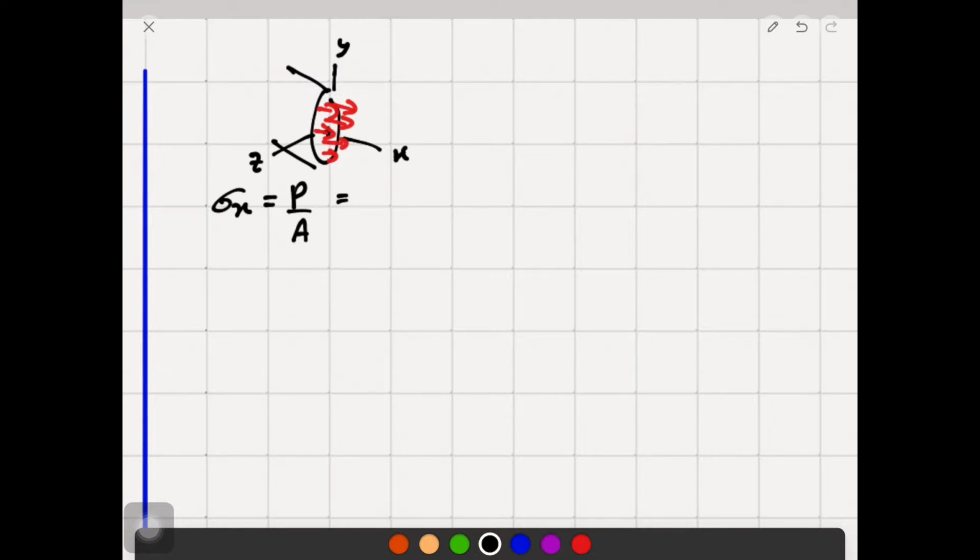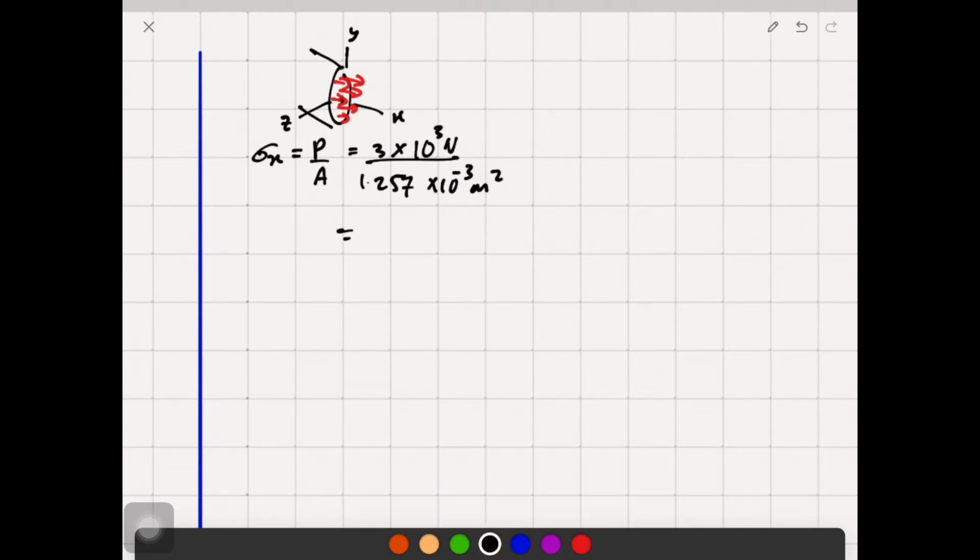We have done that before. 3 times 10 to the power of 3 Newton, 3 kilonewton, divided by the area that we just calculated just now, to the power of minus 3 meters square, and you're going to get the first sigma x in terms of megapascal. This is 2.39 megapascal for the first one.